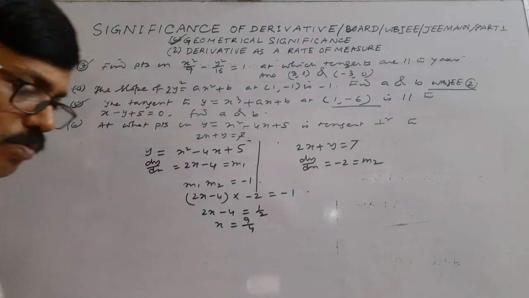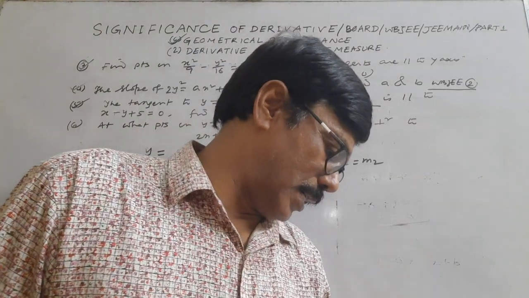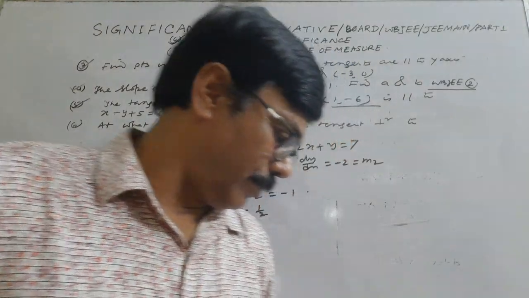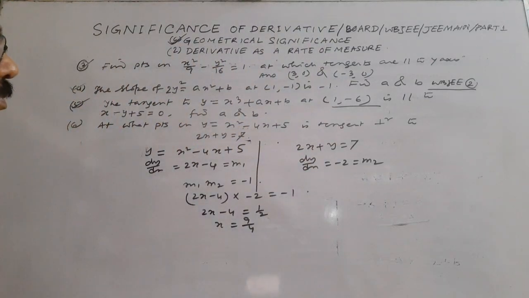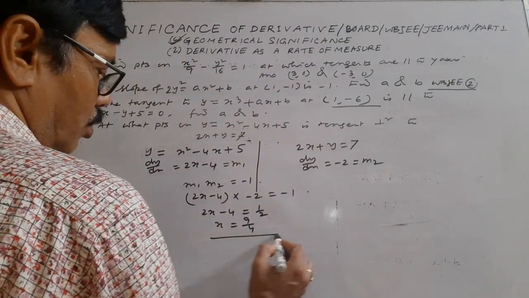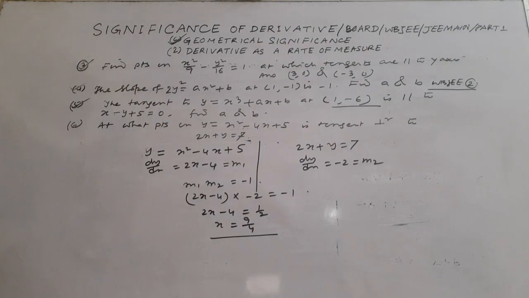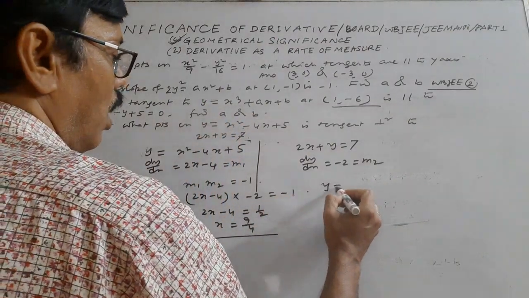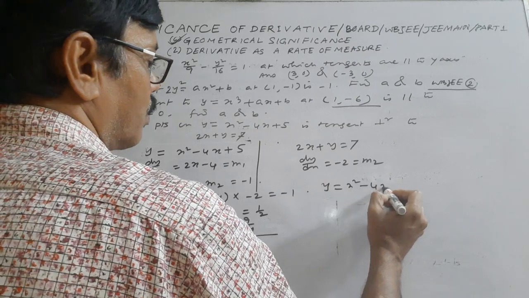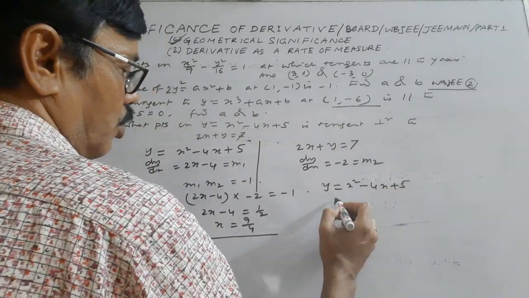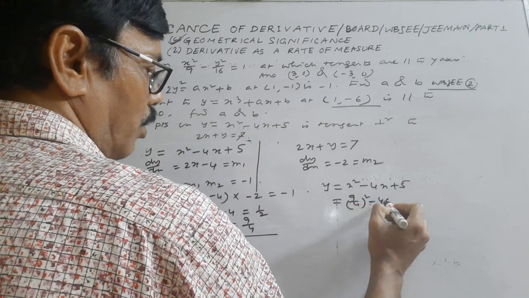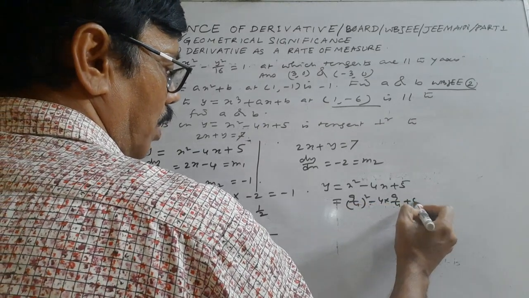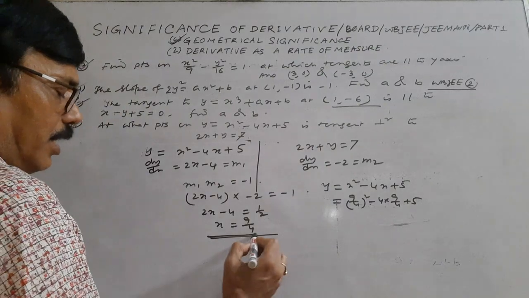Putting the value of x into the curve y equals x square minus 4x plus 5, y equals (9/4) whole square minus 4 into 9/4 plus 5. So you get the point.